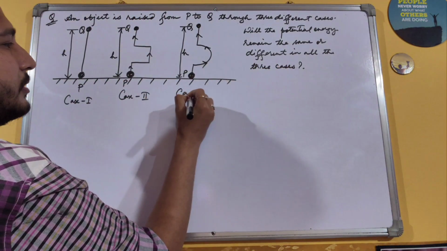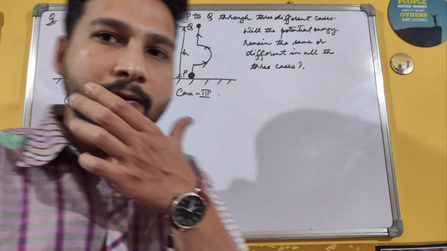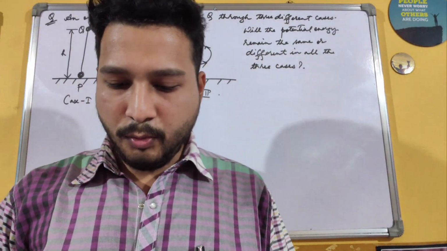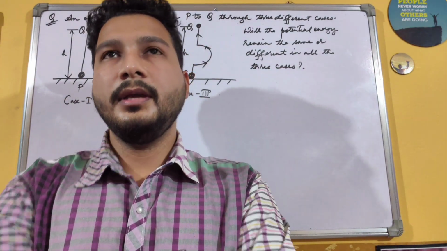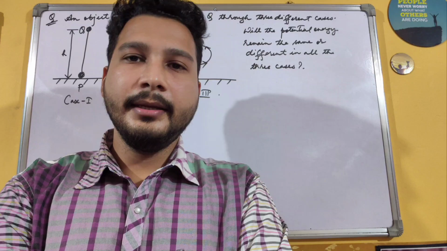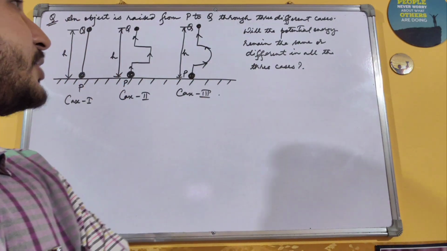This is case 3. So it's a question from the chapter work, power, energy. This chapter is there in both class 9 and 11. So let's talk about potential energy.